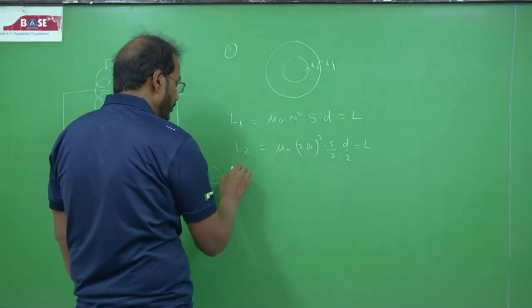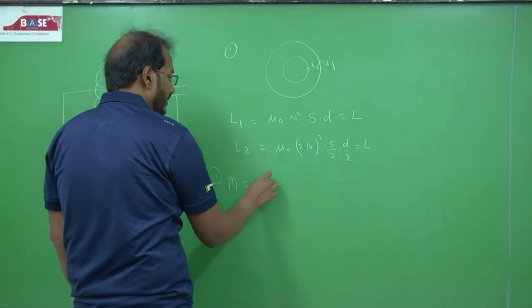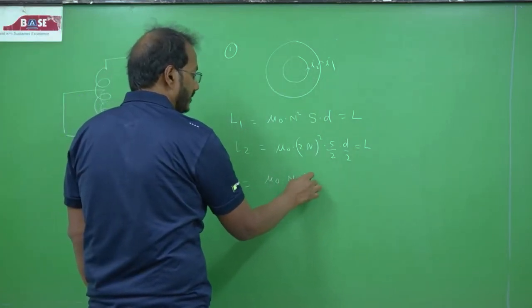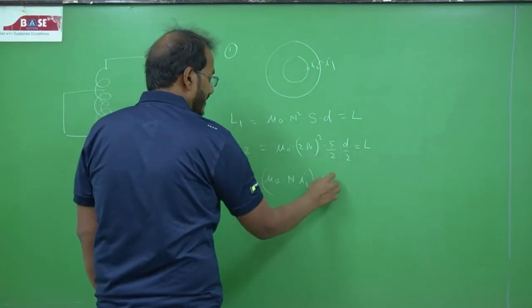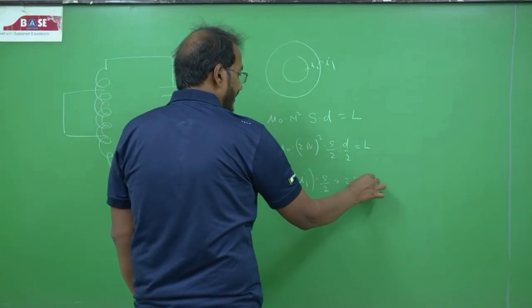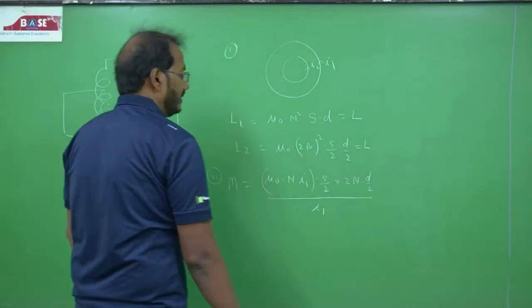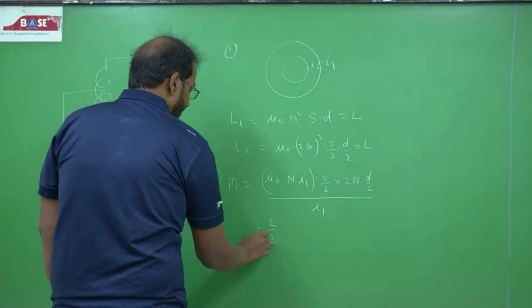So if we find mutual inductance, M is equal to the magnetic field due to this, mu naught N i1, into its area S by 2 and number of turns 2n into D by 2, divided by current I1. And from this we got L by 2. It is the second step.